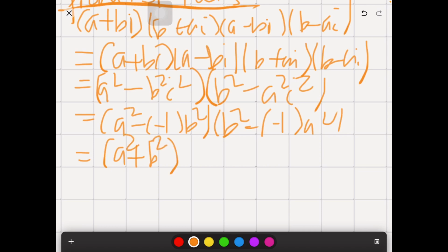To just a squared plus b squared and then squared. Because these -1s will cancel out and become a plus, these -1s will become a plus as well. And basically, it just cleans up to a squared plus b squared, all squared.